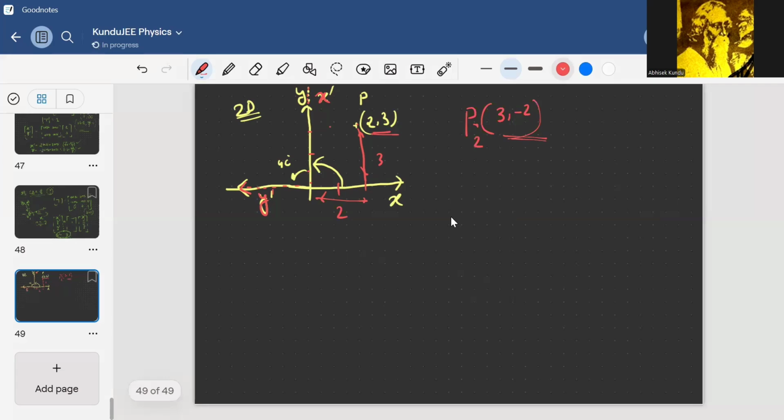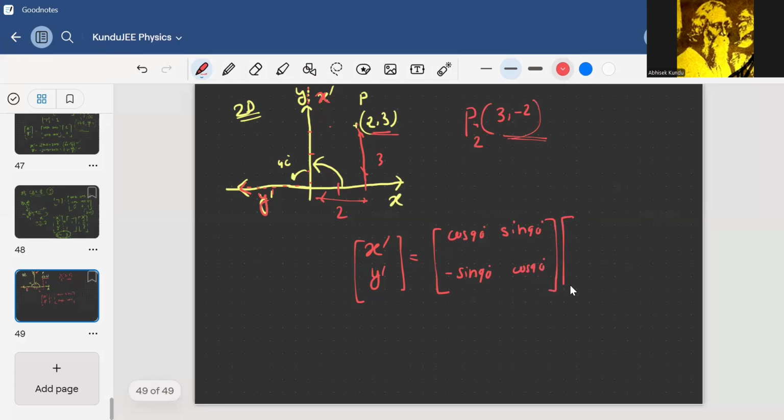Let us find out using the transformation matrix. X dash, y dash is going to be cos 90, sin 90, minus of sin 90 and cos 90, multiplied with our old coordinate values 2, 3.